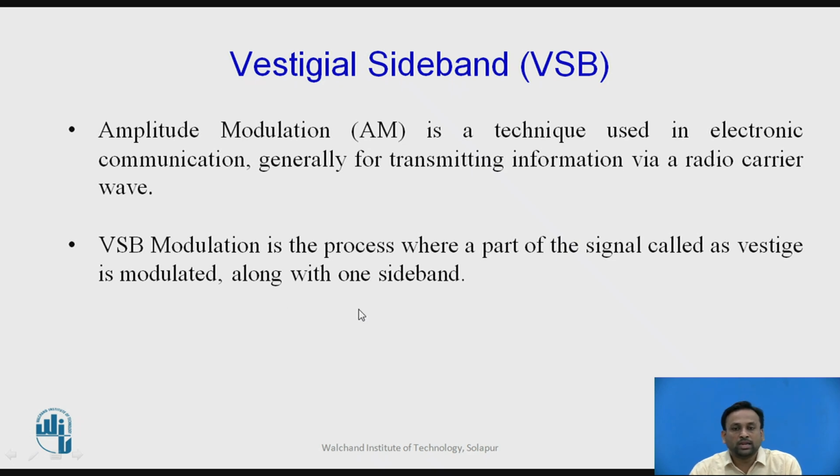As we know, much power is required to transmit an AM wave, in which we also transmit the carrier signal. The carrier signal doesn't contain any information, so one third of the power is wasted transmitting the carrier.